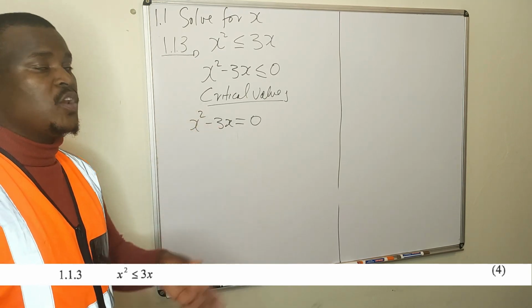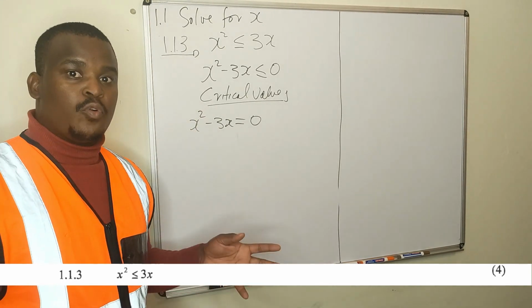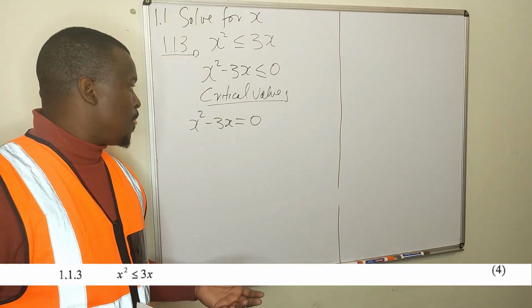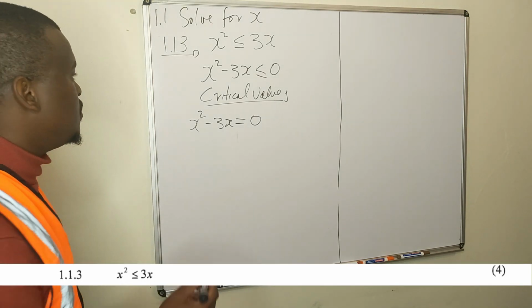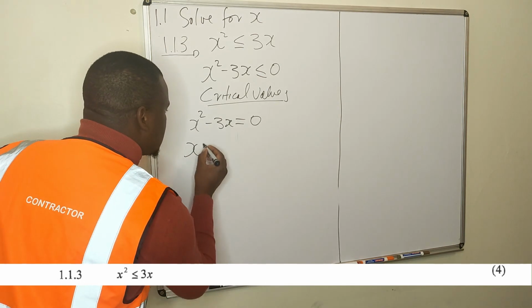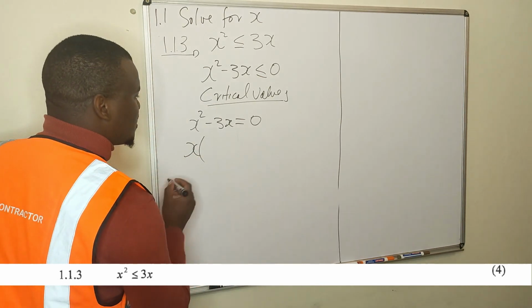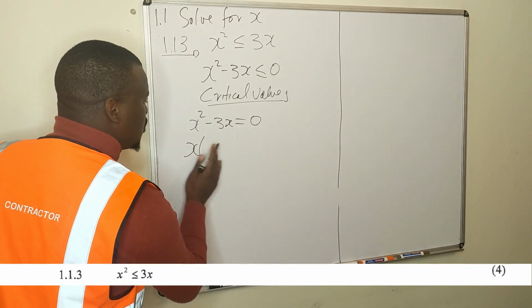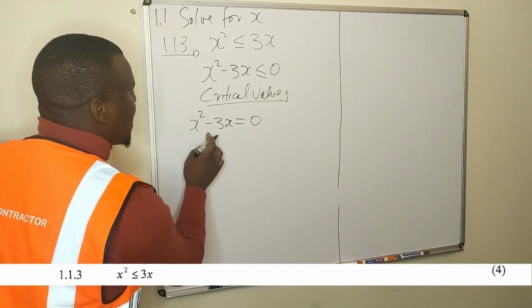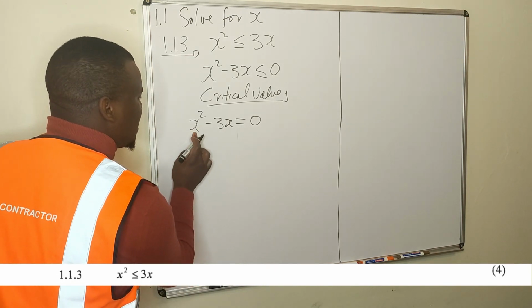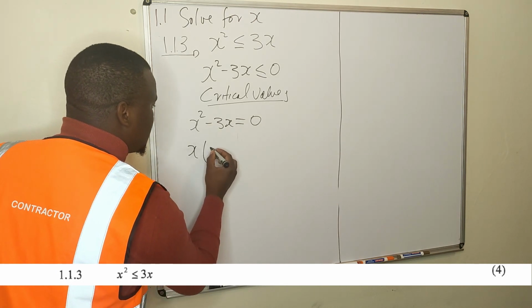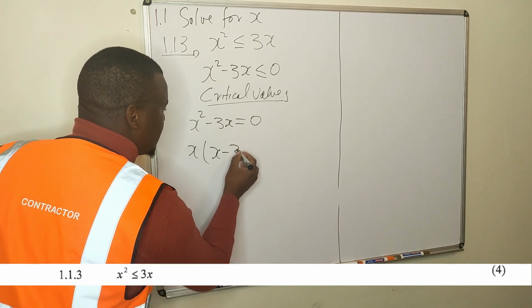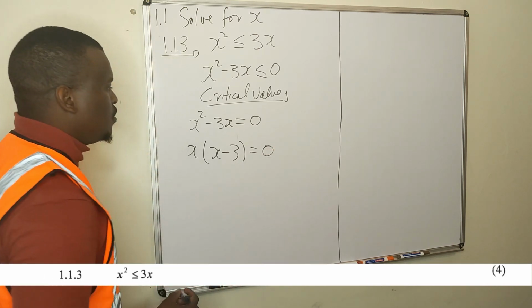The quadratic formula is always there to help you if you are not sure about your factorization. So we're going to factorize because we think we are sure. We take out x as a common factor, so here we're left with x minus 3 is equal to 0.